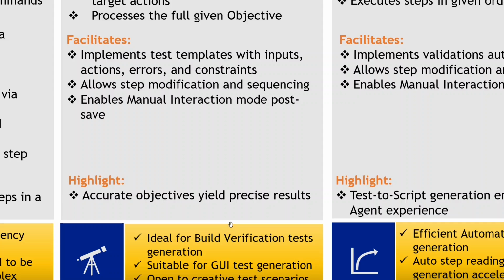Not only this system, but with any AI system, the more clarity you give in the inputs, the more precise results you will get. That means the results you get are very close to what you are expecting. Suppose you give an ambiguous statement, an ambiguous objective, the result is obviously bad.